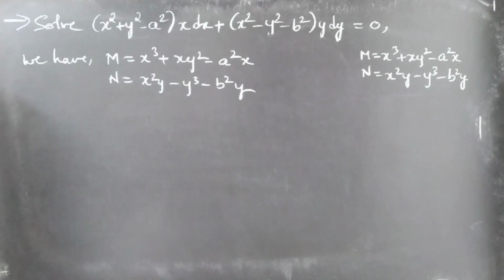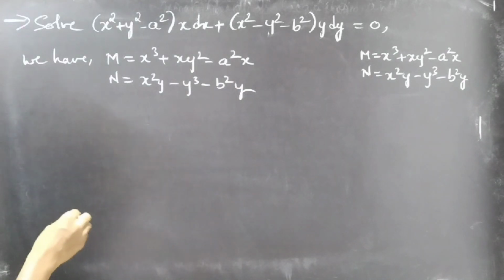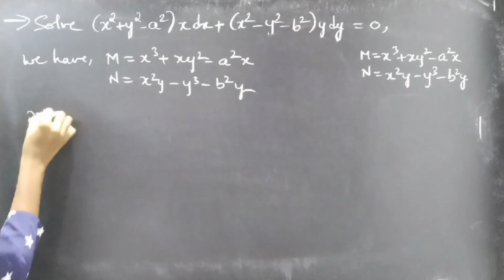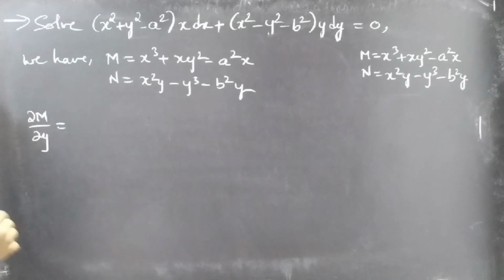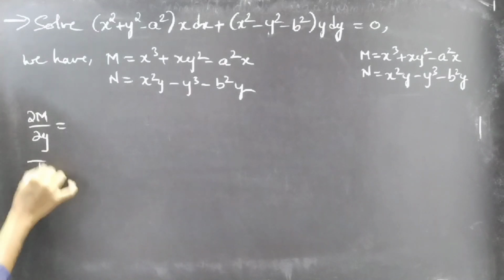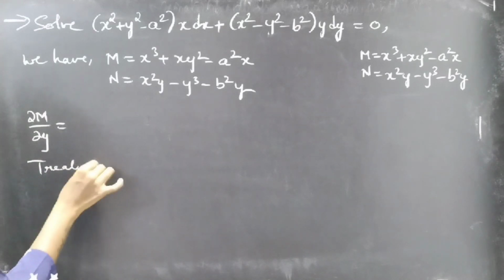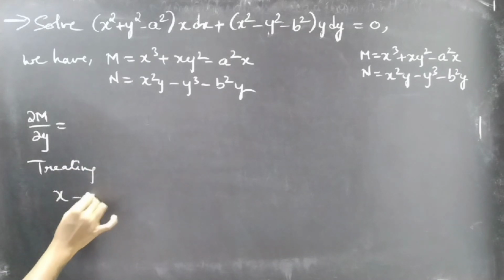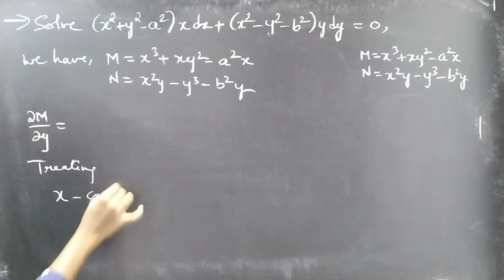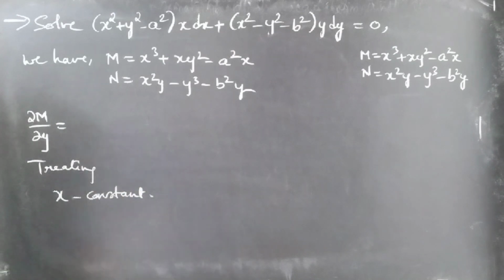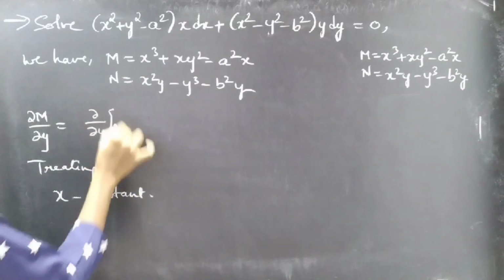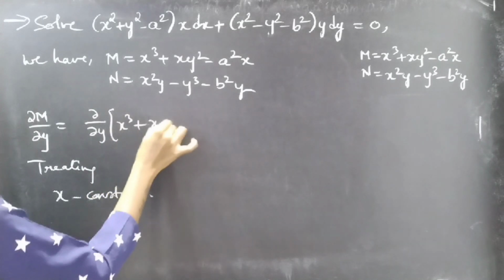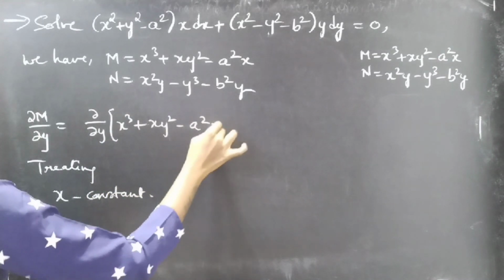Now we need to find the partial derivative of M with respect to y and the partial derivative of N with respect to x. We'll begin with the partial derivative of M with respect to y, treating x as constant. ∂/∂y of M, x³ + xy² − a²x.